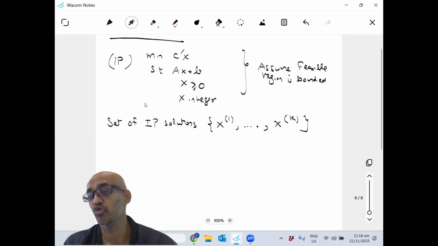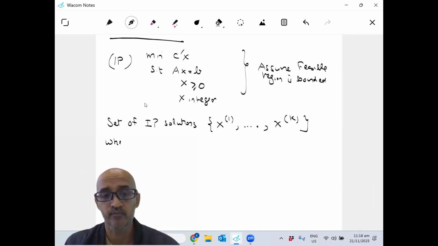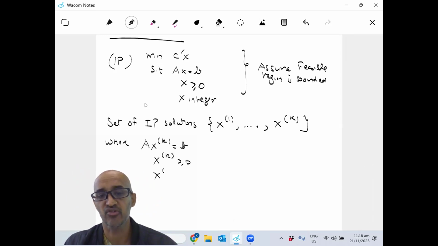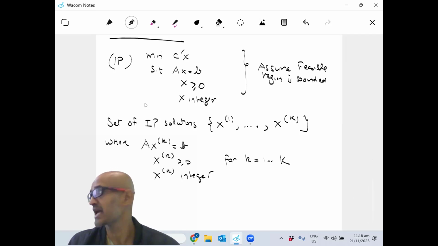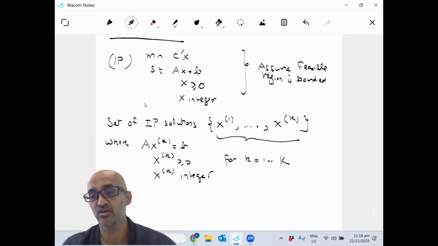Okay. So there is a set of solutions where each of these satisfies AXK equal to B, XK non-negative, XK integer, for K equal to 1 up to capital K. Essentially, this is a finite set of solutions.